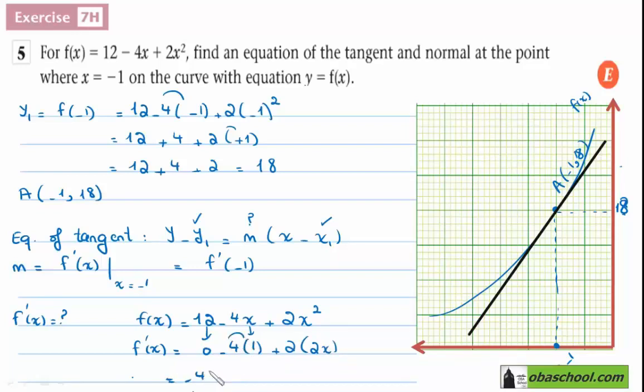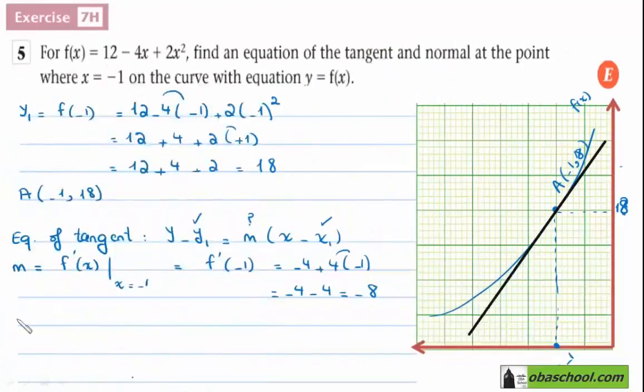This is equal to minus 4 plus 4x. Let's substitute in f prime of x, x equal to minus 1. So we get minus 4 plus 4 multiplied by minus 1 is equal to minus 4 minus 4 equal to minus 8. Then the gradient f prime of minus 1 is minus 8.